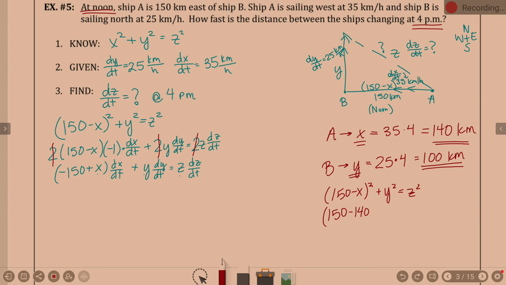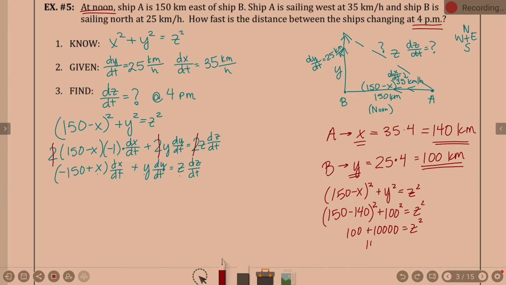So 150 minus 140, quantity squared, plus y squared, which is 100 squared, equals z squared. 150 minus 140 is 10. 10 squared is 100. 100 squared is 10,000 equals z squared.